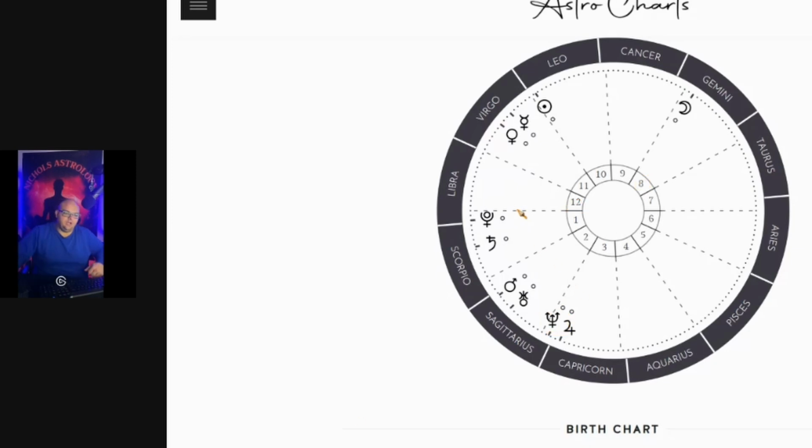Next, last but not least, we're going to go to Pluto, which is the higher octave of Mars. This could be about death, destruction, and war, and giant things that impact humanity as a whole. But it's also about death and transformation, and death not literally. It could be literal.